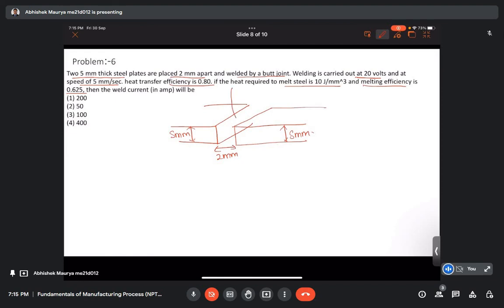So basically we have a welding electrode and we are depositing some material in between these two plates in order to join them. We are melting the electrode, and after melting we are depositing the melted material in between these regions.